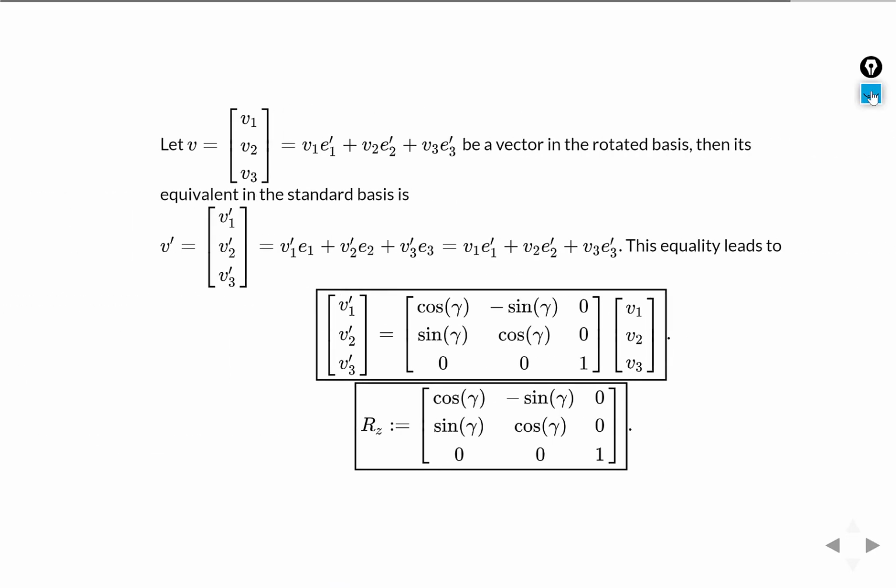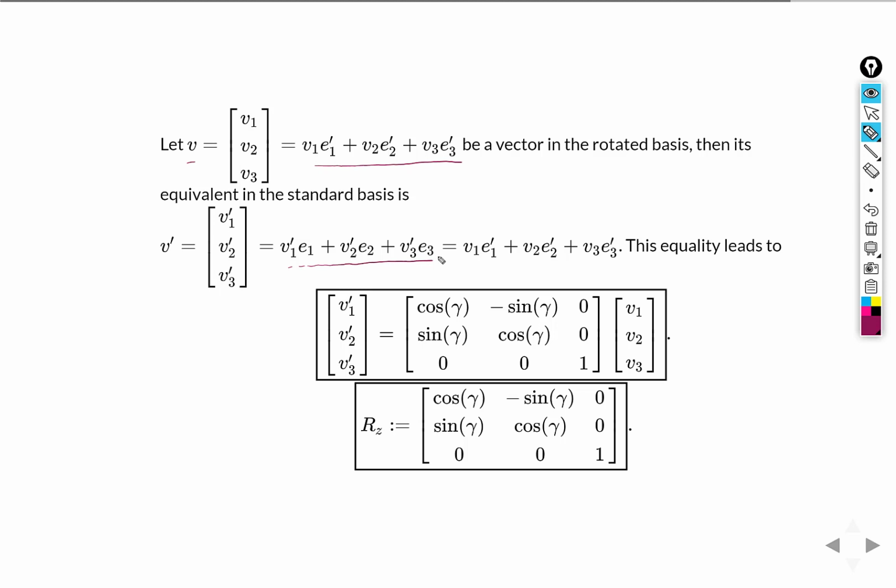Now let's prove it using the same method. We define a vector v using the rotated basis, and we define another vector v prime using the original basis, and we set them to be equal.